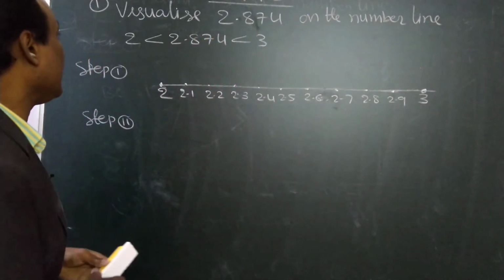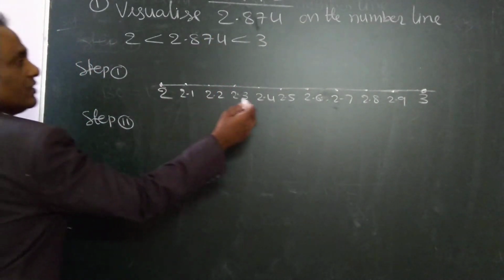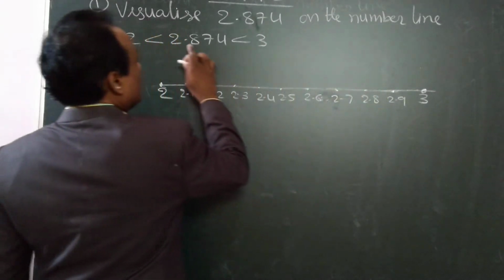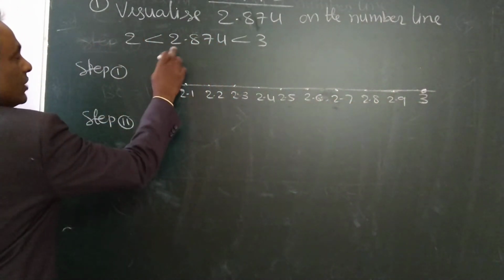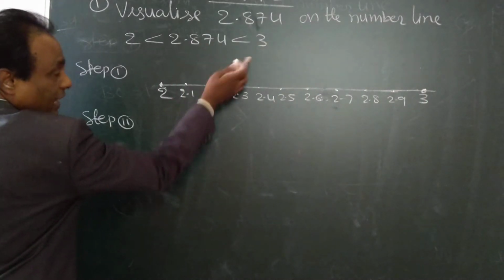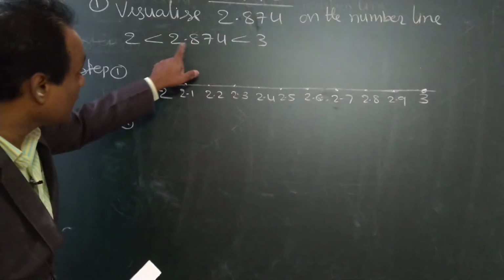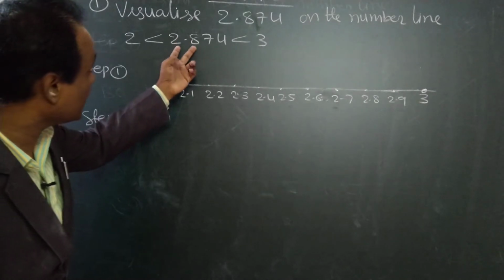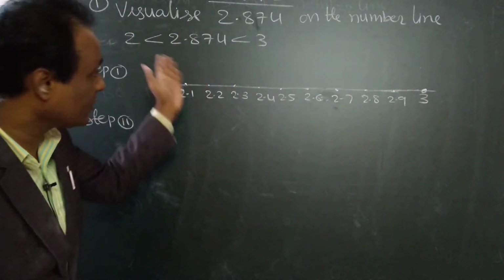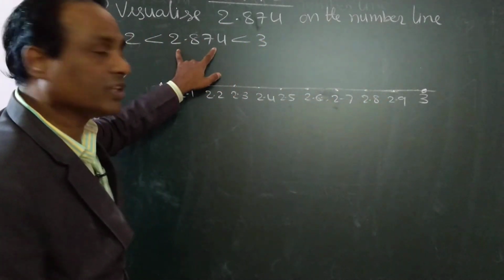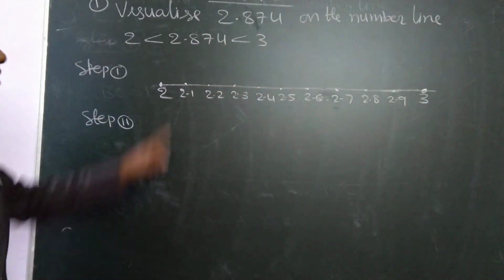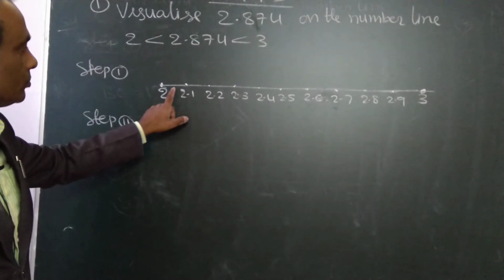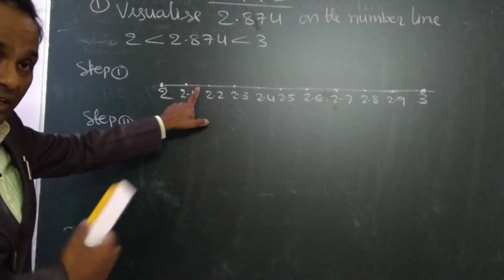2.874. First I will take here. In this I am taking 2.8. So here 2.8 we got, and this is 2.9. If you carefully observe, this number is greater than 2.8 and less than 2.9. Where will it lie? Suppose I ask you the question, this point, where will it lie? Does it lie here? No. It is greater than 2.1, yes.